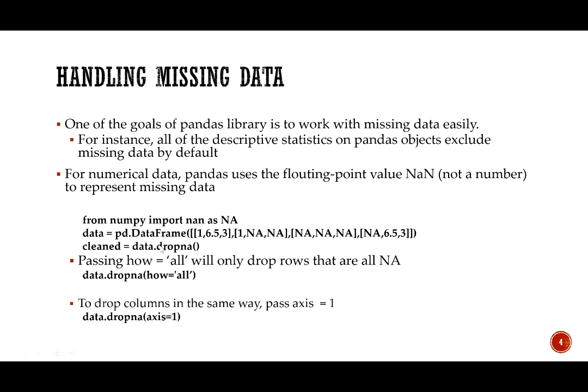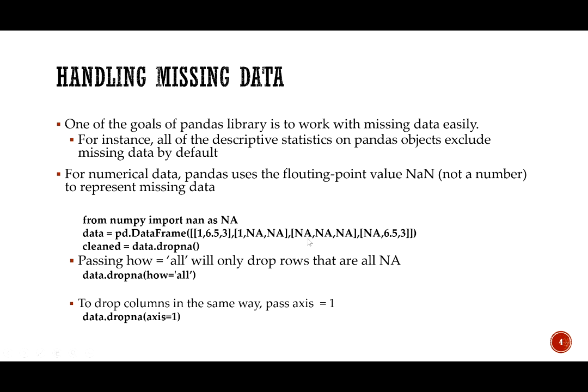Now if we want to clean the data, we can drop all missing values and we can use the dropna method. So we call data.dropna, and this method is going to drop all rows and columns with at least 1 missing data. Now, if we pass how equal to all, then it only drops rows that are all NA.